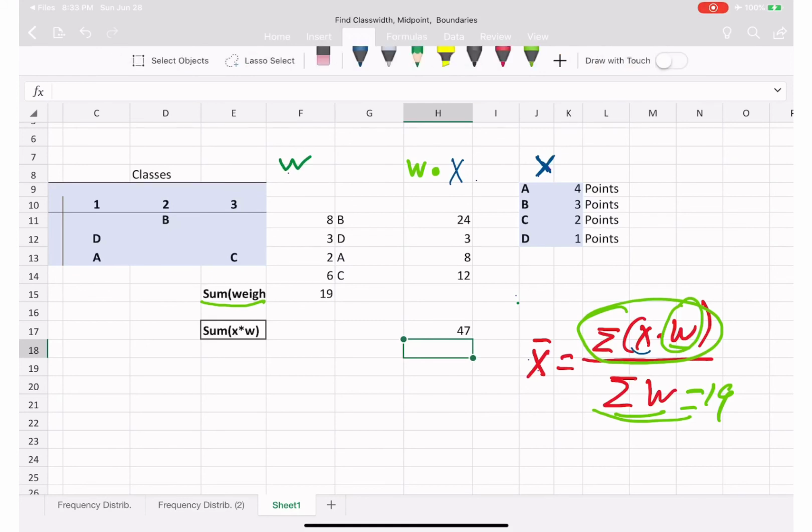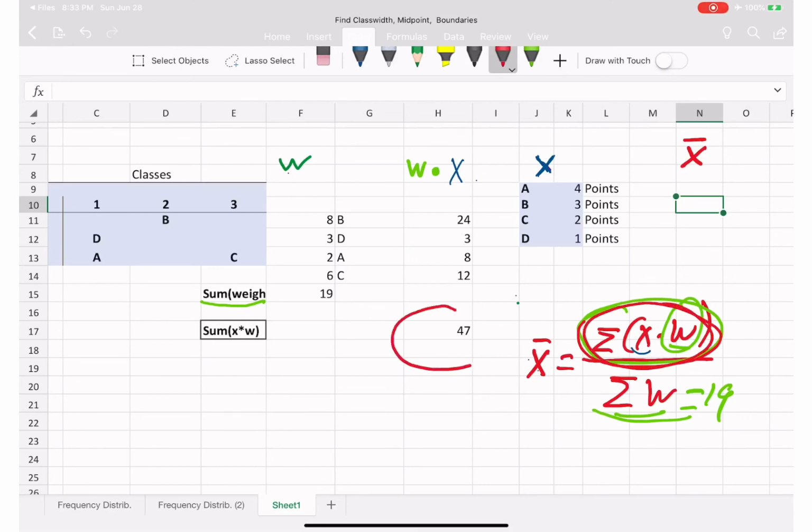And lastly, we need to find practically x bar, average. And here is our x bar. It's going to be how much? So we need to take sum of x times w, which is going to be this one. Yes, 47. And divide by sum of w.